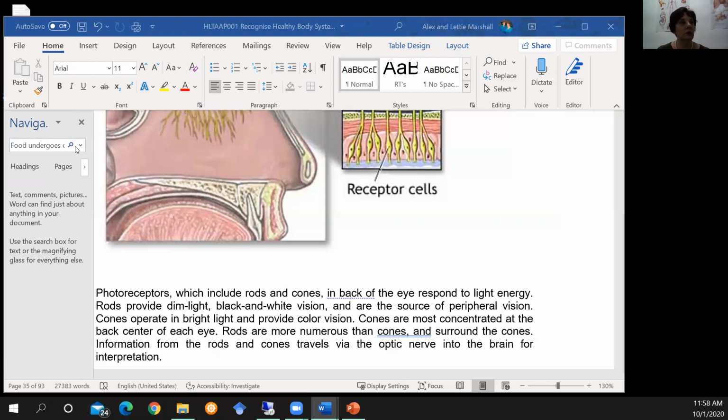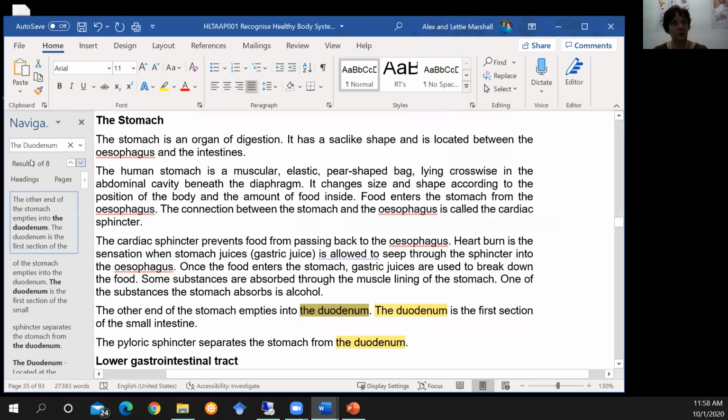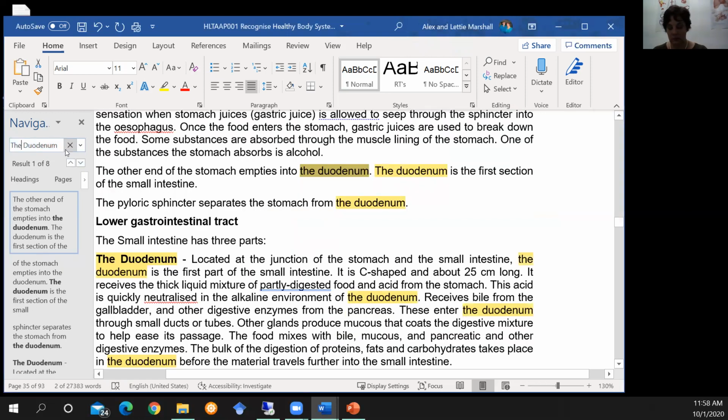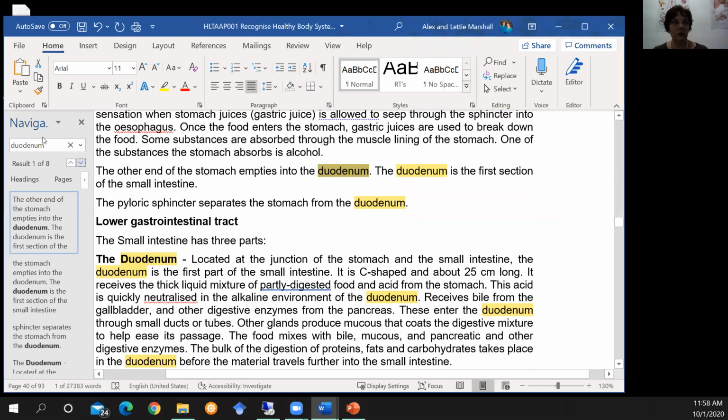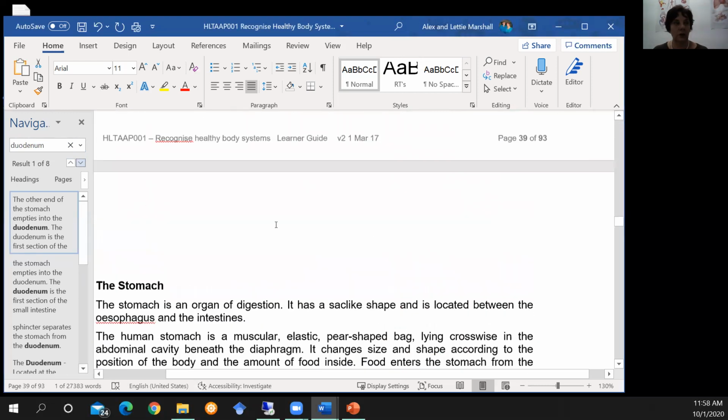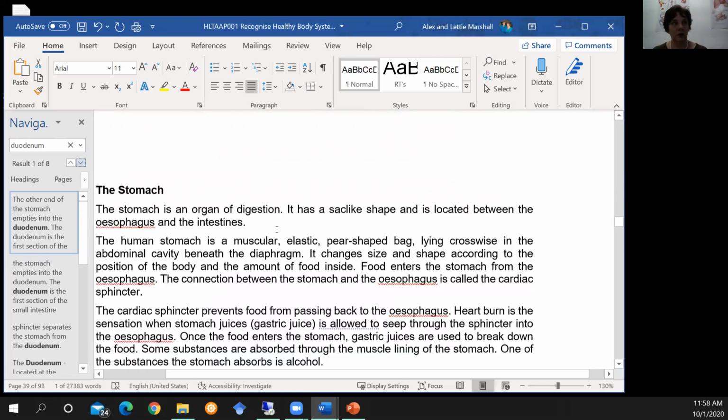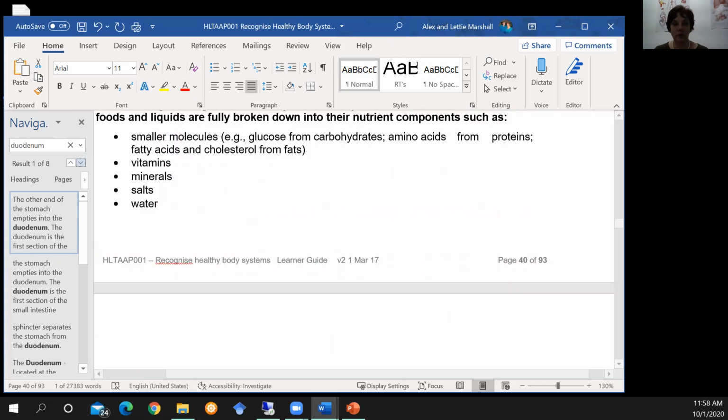It should be in the book. So the stomach, the mouth, this all looks like page 40, question 12, if you want to go read a little bit more about it.